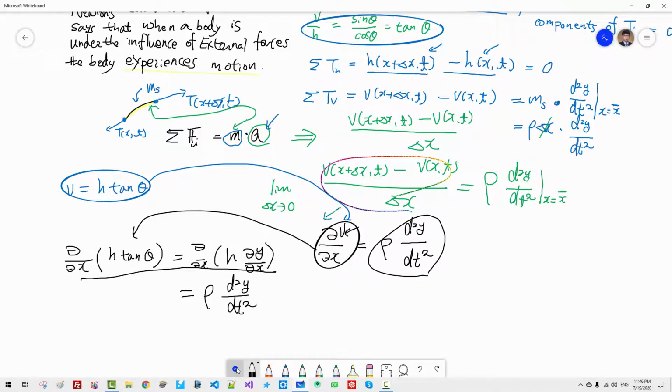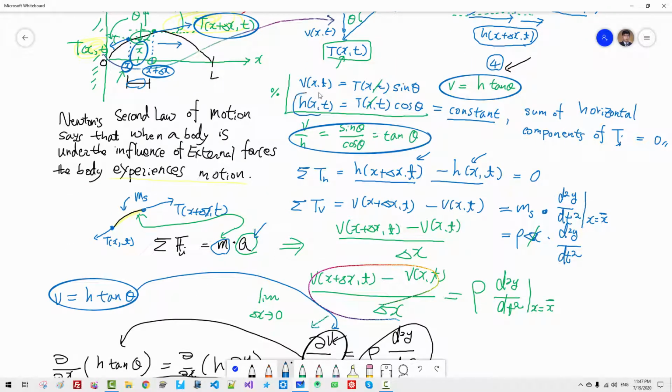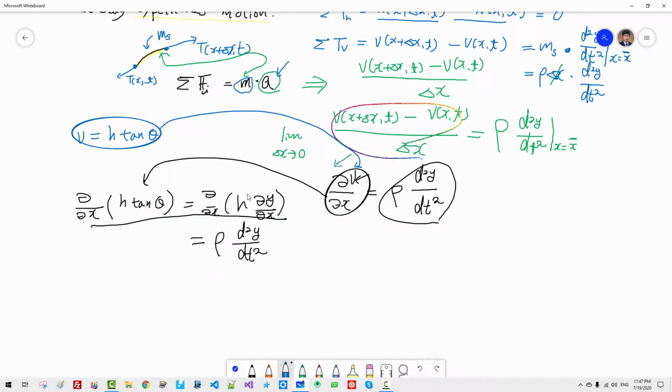Please note that the horizontal component H is constant, so we can factor out H like this. H partial over partial x of partial y over partial x equals rho d square y over dt square.